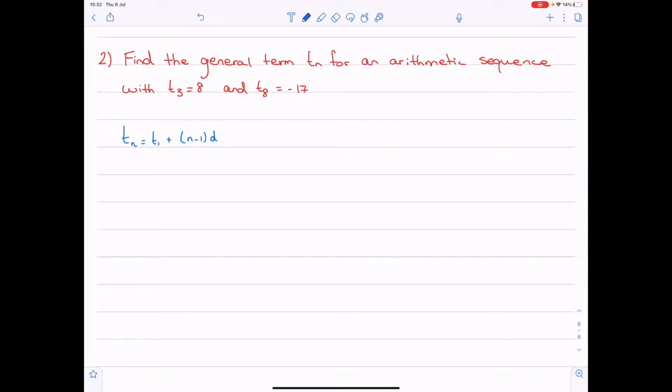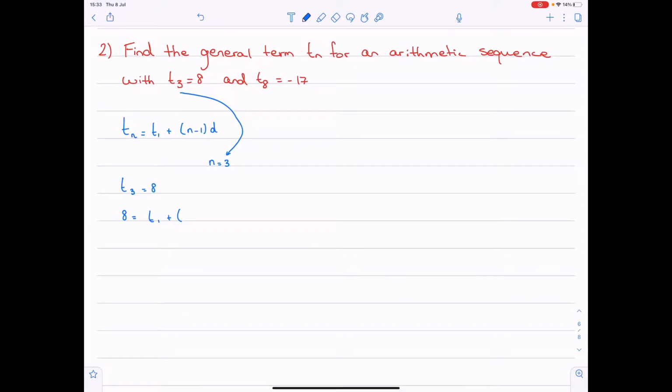So we know it's T3, which equals 8, right? So 8 is equal to T1 plus, and we know n here is equal to 3 for this one. So n minus 1 equals 2, times d, which means 8 is equal to T1 plus 2d.